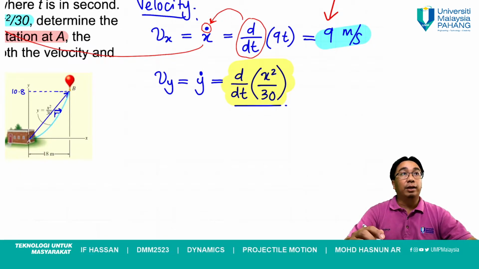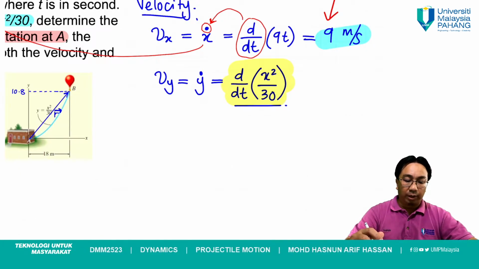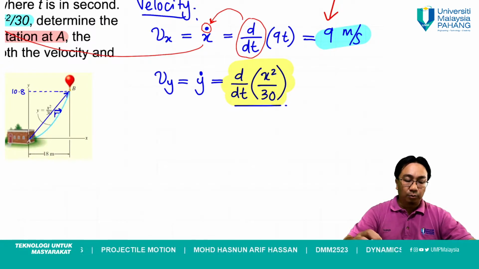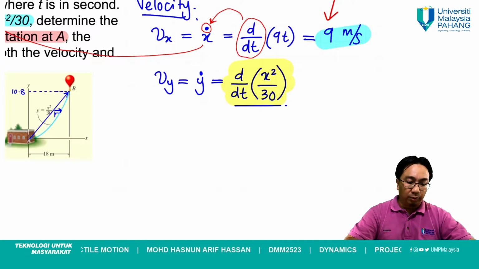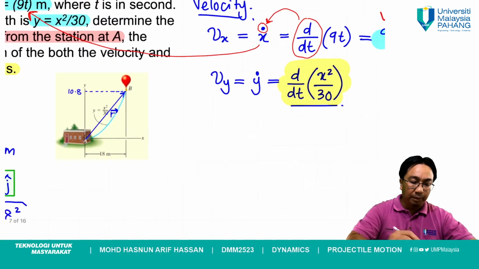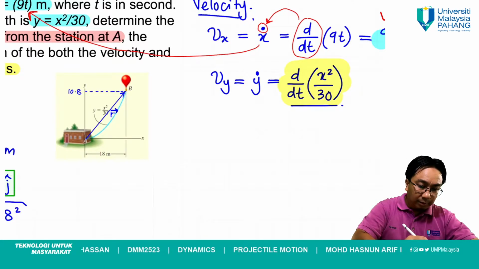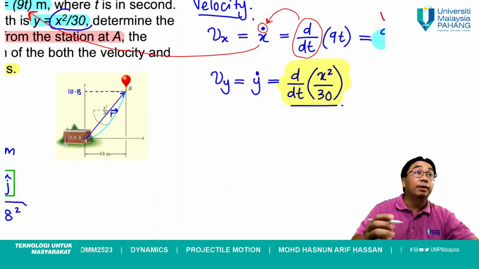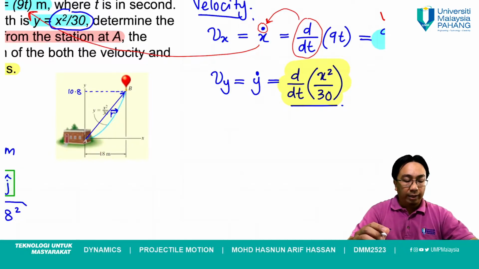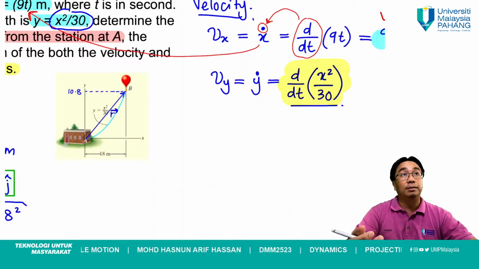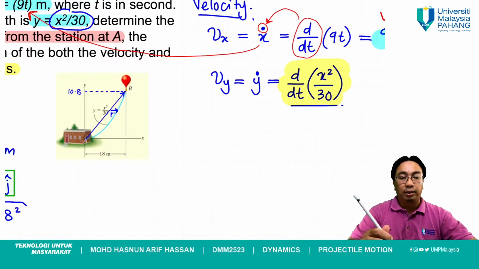And then we had a problem when we would like to differentiate y dot, ataupun x square over 30. So y ni datang daripada sini. If you can see, it comes from here. So y is equal to x square over 30, so y dot means d over dt of x square over 30.